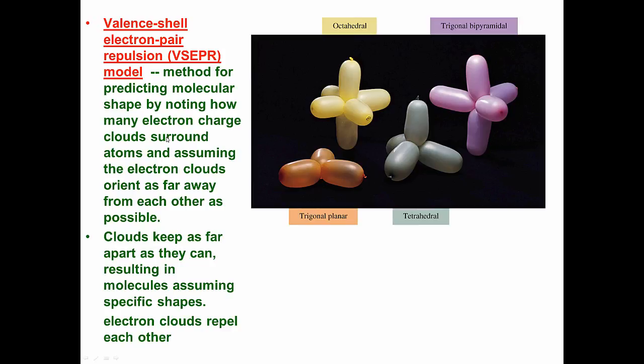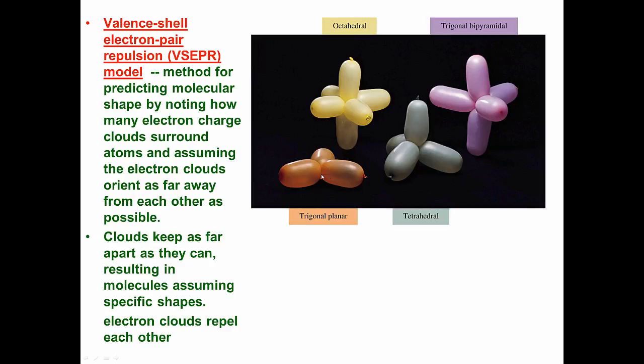And we also assume that these electron charge clouds orient themselves as far away from one another as possible. That makes sense because remember, you have these electron charge clouds and they repel one another. So because they stay as far away from one another as they can, this results in molecules assuming specific shapes.